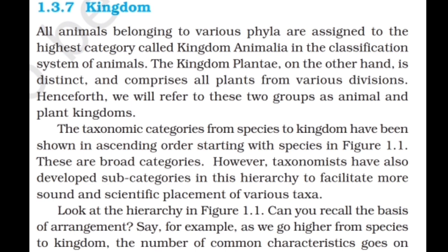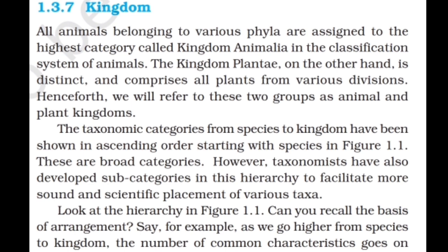The taxonomic categories from species to kingdom have been shown in ascending order starting with species in figure 1.1. These are broad categories. However, taxonomists have also developed subcategories in this hierarchy to facilitate more sound and scientific placement of various taxa.